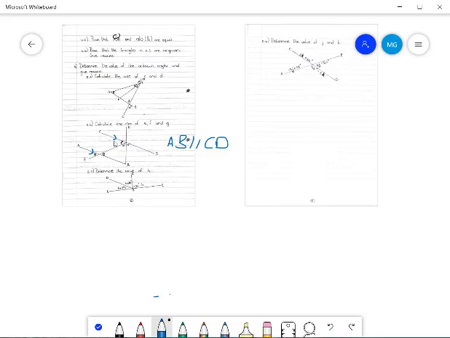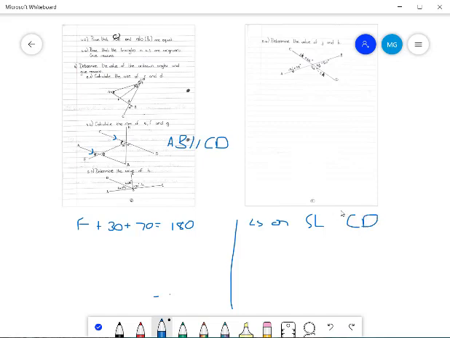Here I have angles on a straight line again. So it will be easy for me to just figure out what F is immediately. So let's start there. F plus 30 plus 70 will equal 180. Why? Because it's angles on a straight line. What you can also do is name the straight line.